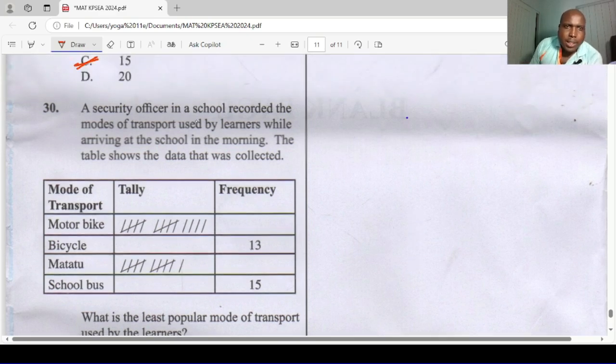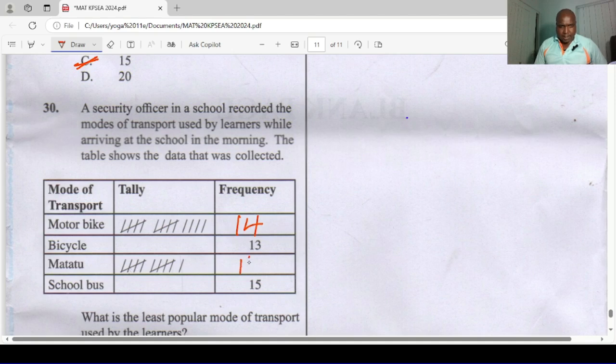The security officer in a school recorded the modes of transport used by learners while arriving at school in the morning. So this is the 30. This 30 contains 5. 1, 2, 3, 4, and this is 5. So this is 14. This one is 5 plus 5, 10, 11.